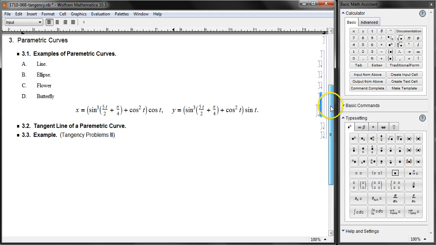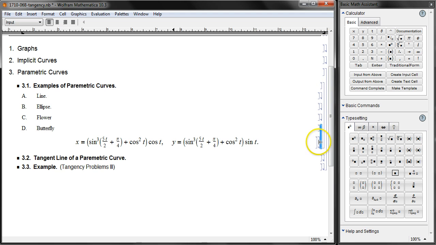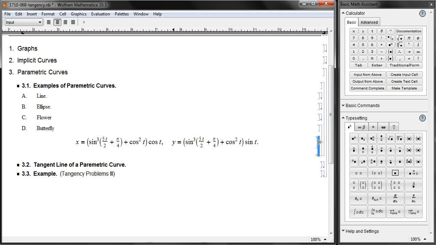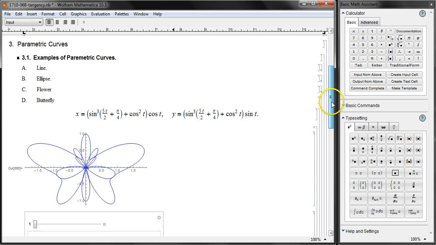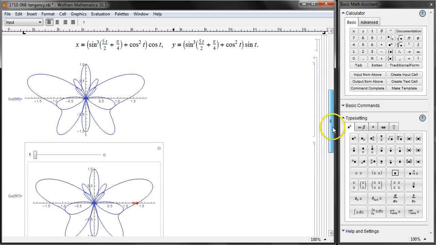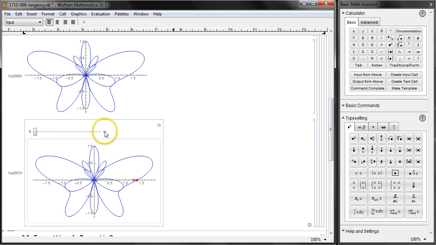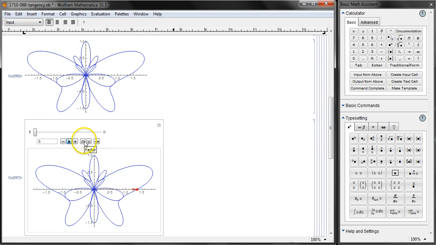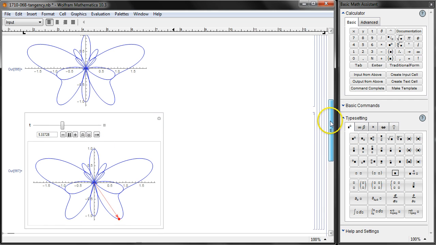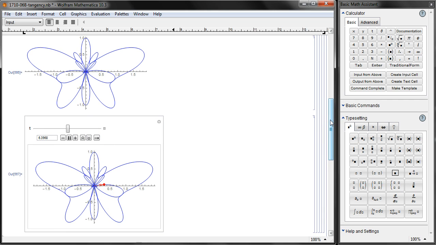One more example of a parametric curve, and then we'll just end this video, and we're going to do the rest in the next segment. This one, another aesthetically beautiful picture. Looks like a butterfly. And let's slow down a little bit so that I can see the motion a bit better. Please pay attention to this red dot.